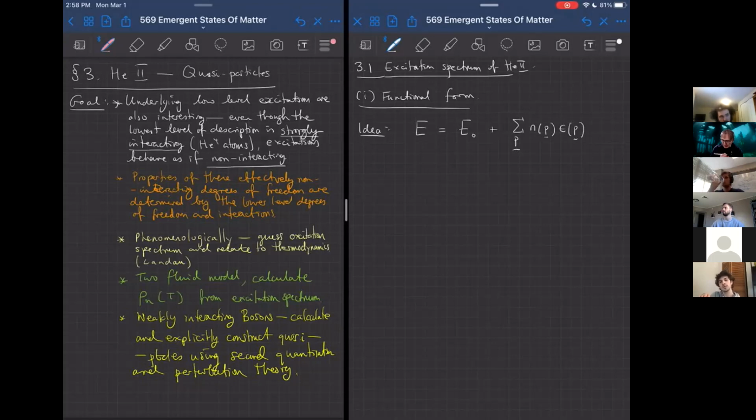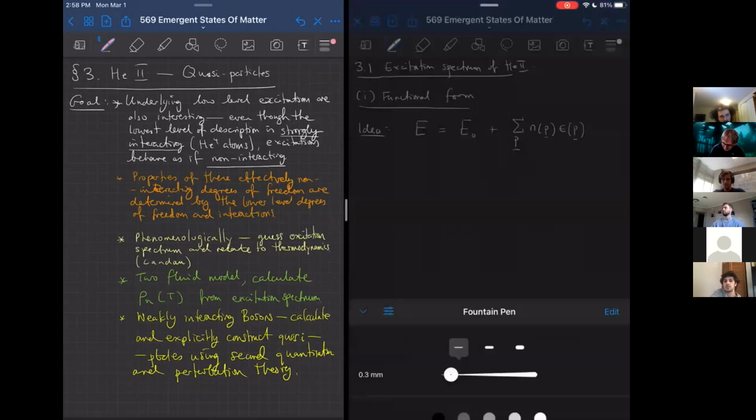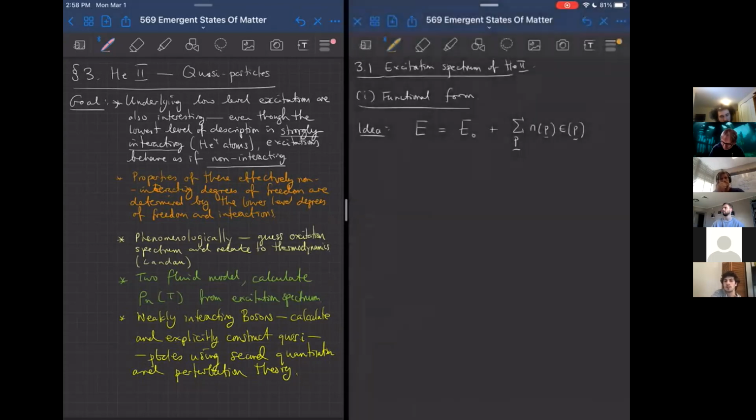So this obviously isn't a complete result, because there's no reason to believe that you can do this. And so there's correction terms here, which I'm not going to write down at the moment. But those things describe the interactions between the quasi-particles. And what do we think that those interaction terms would be?